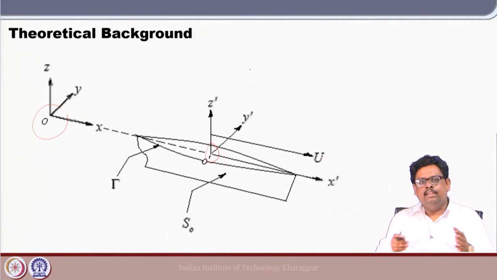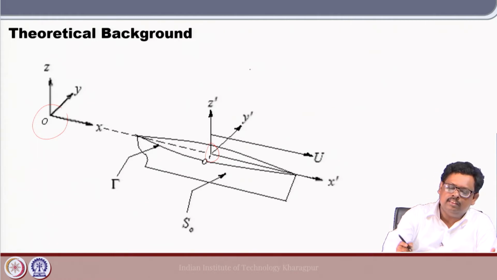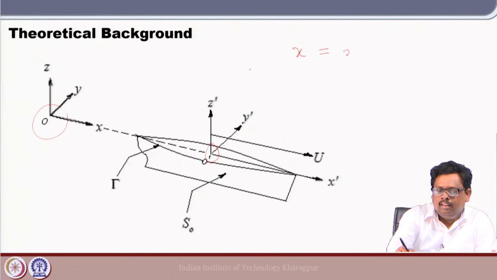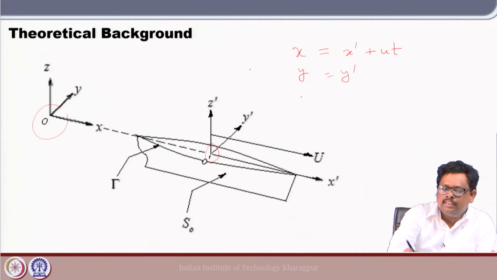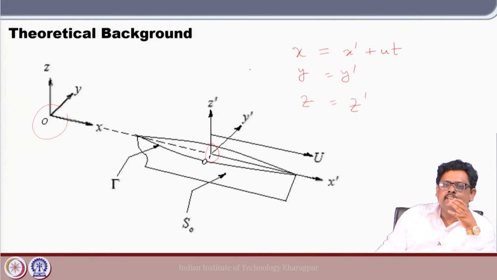It is very elementary to see that both coordinate systems are related by a simple equation. I can define x equal to x dash plus u t, then y equal to y dash and z equal to z dash. So, a very simple way these two connect.